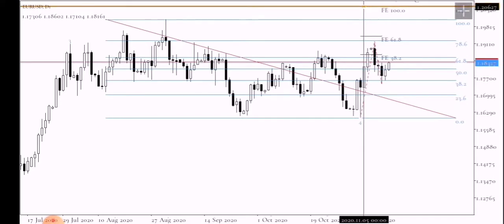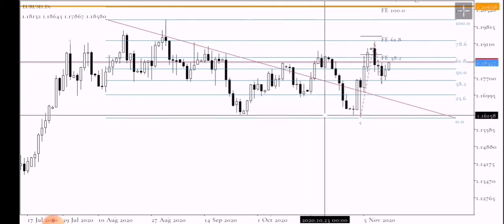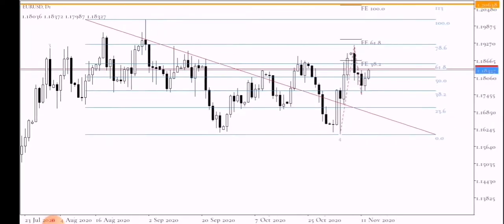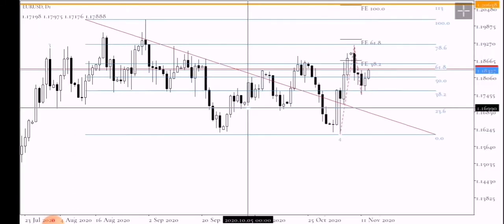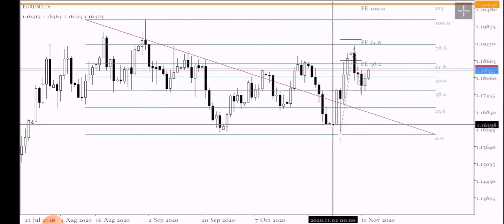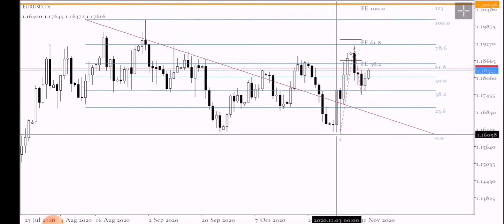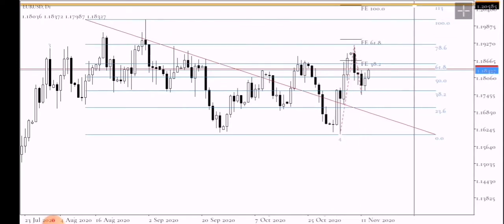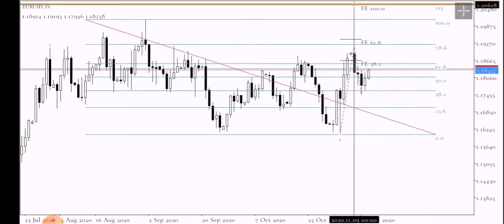For me, I believe this area is where we should target. I would personally target this area. Why? Because let's look at the confluence. I drew another Fibonacci retracement from the swing high of the daily chart to the swing low, and I see a projection of the 113 Fibonacci number right here, right where our 100 is.